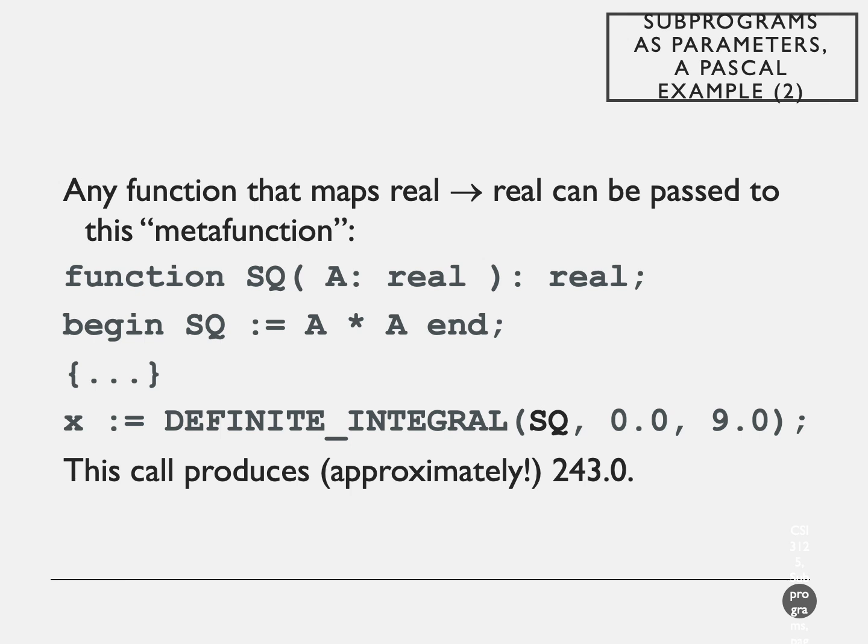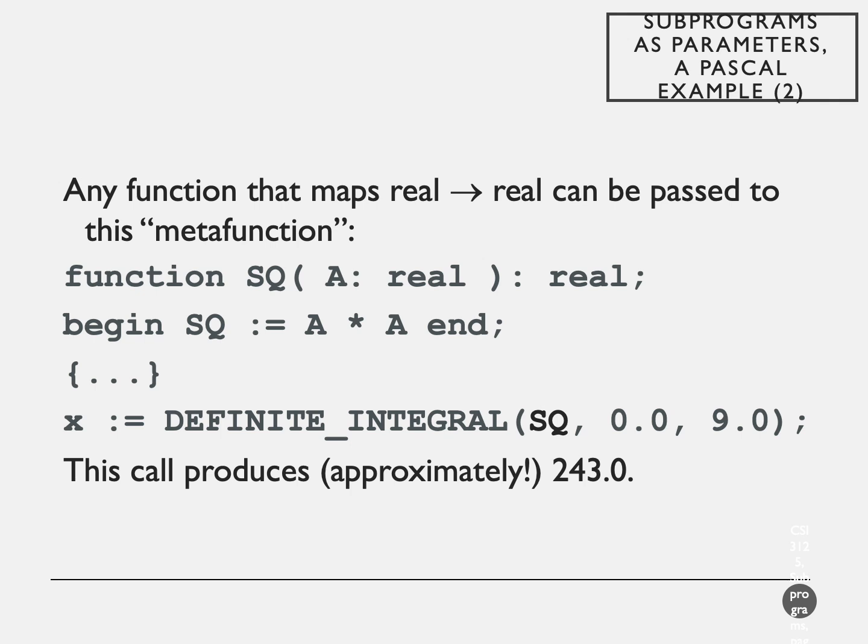First of all, here we have sq. Sq is a simple function that takes a real number a and returns its square, a multiplied by a. This function conforms to the type expected by definite integral. It takes a real number and returns a real number.